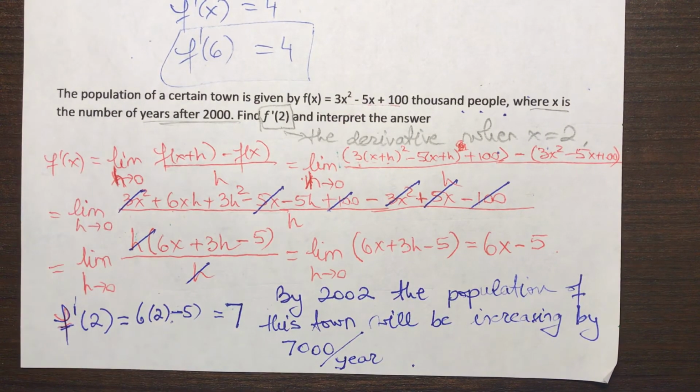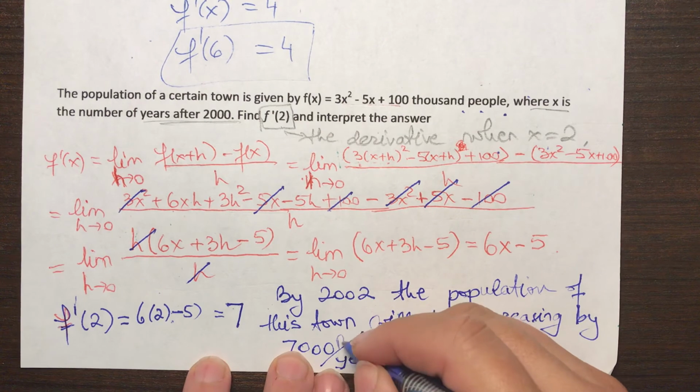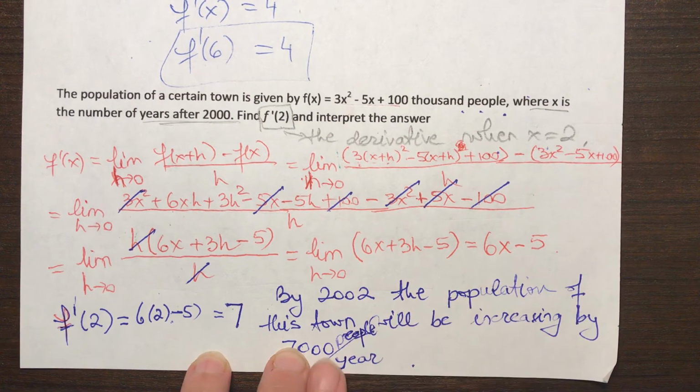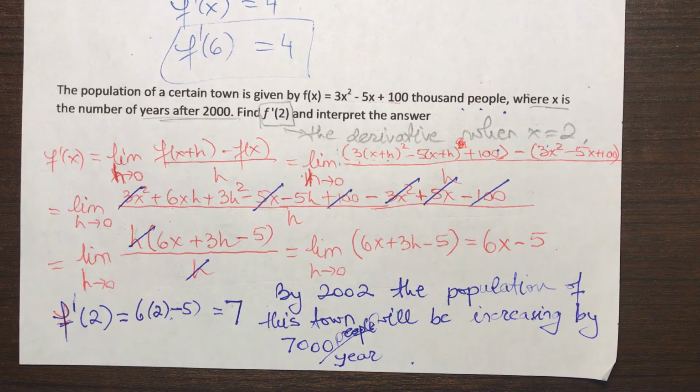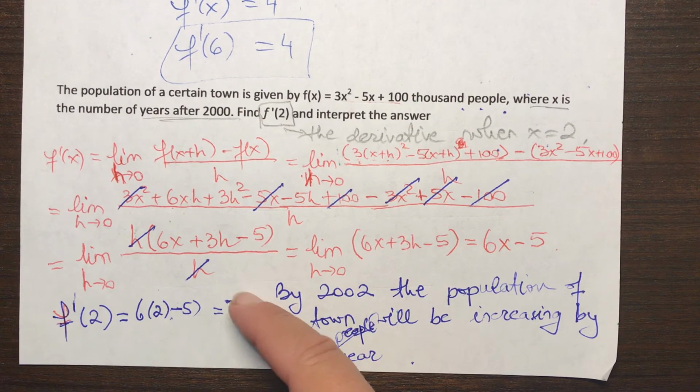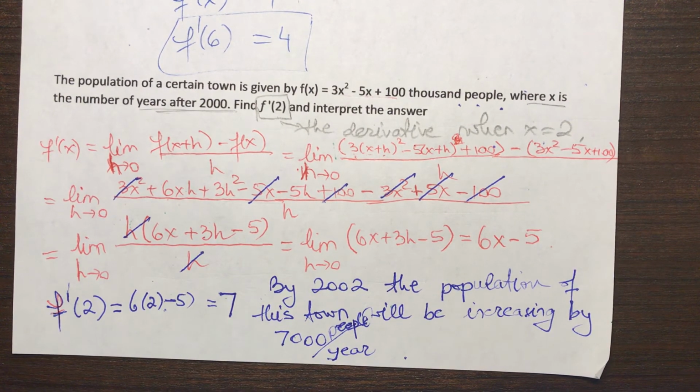So after 2002, the population of this town should be increasing at about a rate of 7,000 people per year, right? That's the slope. 7 means 7 over 1, right? So 7 over 1, 7,000 people over 1 year. So in other words, what?